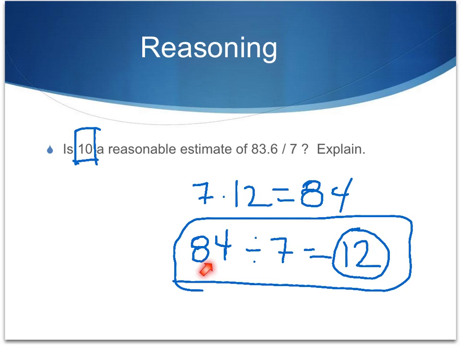So very, very little rounding was involved in this particular problem. So my answer of 12 is going to be a lot closer than 10, even though they are both fairly close. So actually you could argue both. You could argue that 10 is reasonable because 10 and 12 are fairly close to each other. But you could also argue that 10 is really not a reasonable estimate because we could get a lot closer with 12.